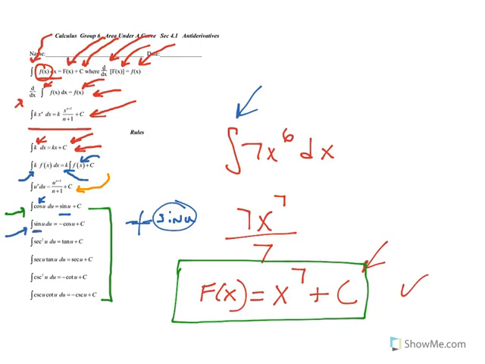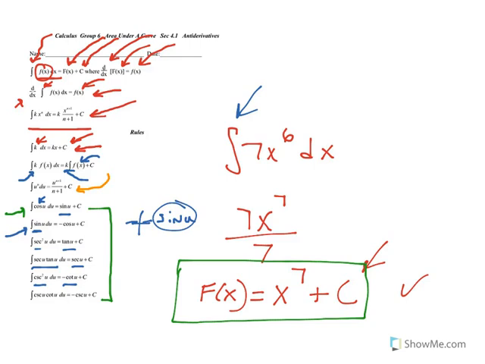And the antiderivative of secant squared is tangent, because the derivative of tangent is secant squared. The antiderivative of a secant tangent pattern is going to be secant, because the derivative of secant is secant tangent. The antiderivative of cosecant squared is negative cotangent, because the derivative of cotangent is negative cosecant squared.